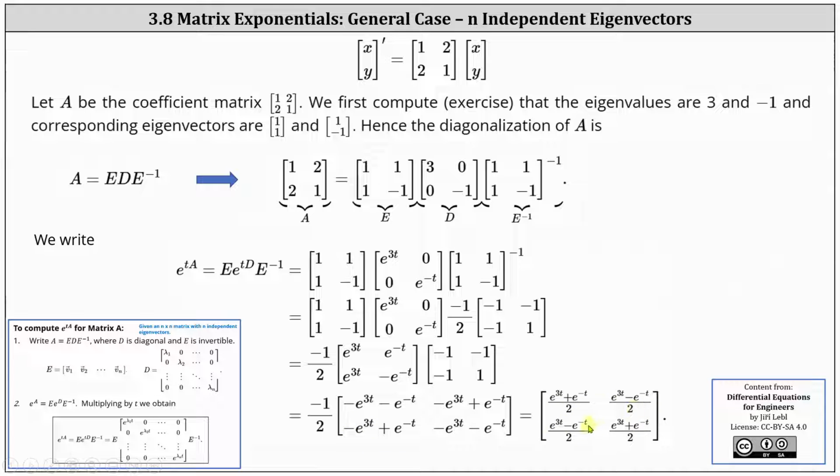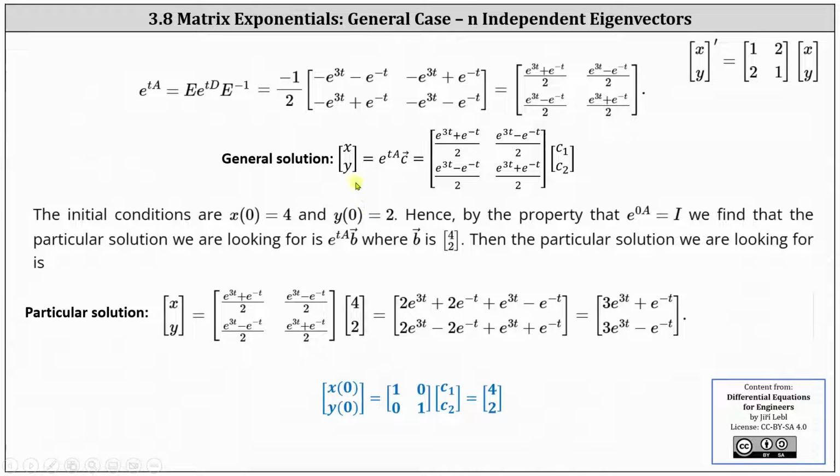Now we multiply by the next matrix, and then perform scalar multiplication to get the matrix exponential shown here on the far right. From here, if we were looking for just a general solution, we would have the vector function (x, y) equals e to the power of tA times the constant vector c, which is shown here on the right. But again, we're looking for a particular solution because we are given the initial conditions x of 0 equals 4 and y of 0 equals 2.